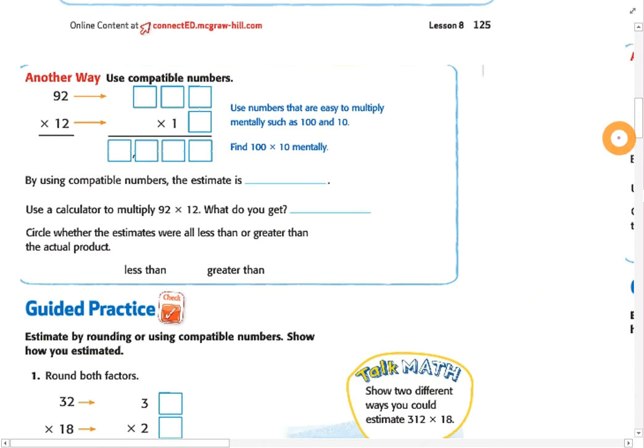If I were to go one step further and use a compatible number and round up, I change 92 to a nice big number of 100, because that's an easy number to multiply. And again, 12 I change to 10.